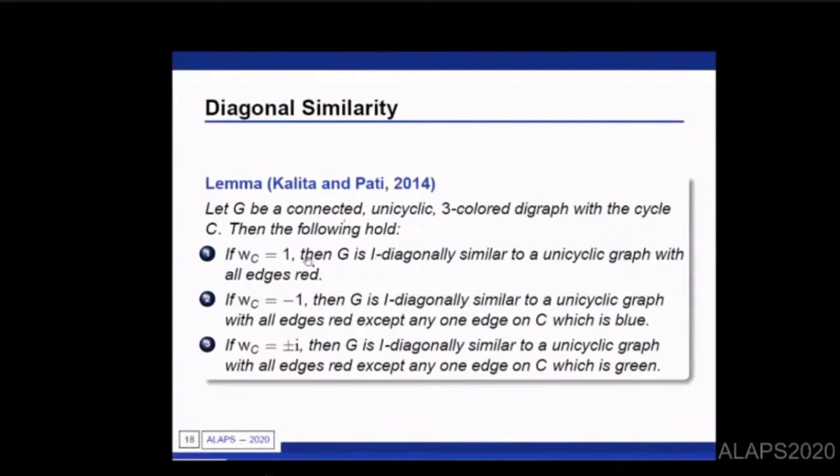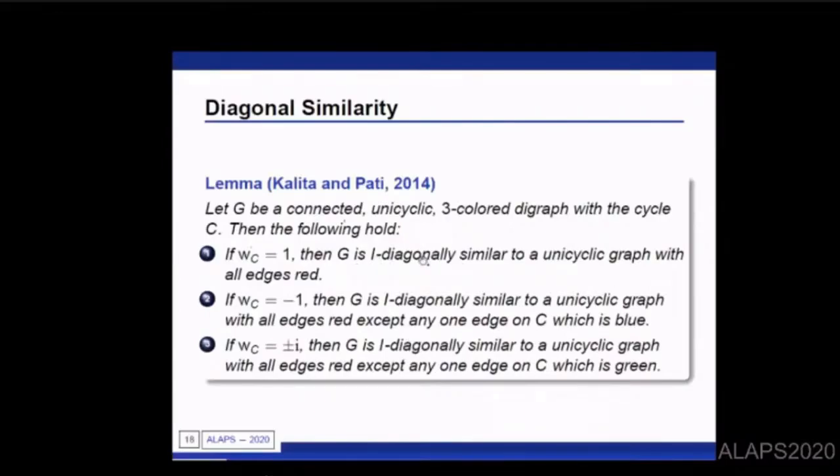So now we see that if the weight of the cycle is 1, then the graph Z is I-diagonally similar to a unicyclic graph with all edges red. That means a unicyclic graph where all the edges have weight 1, which is as good as the usual undirected, unweighted unicyclic graph.